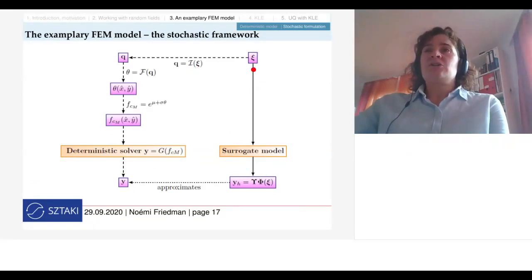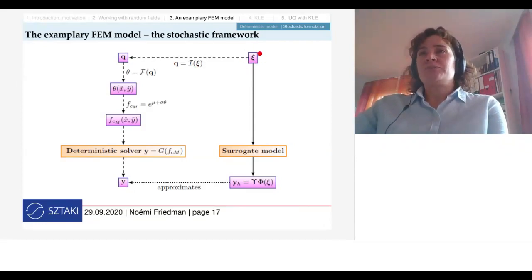Now I introduce this additional random variable because the description of this surrogate model uses its own coordinate system, and I don't want to change that. So this is something that I completely fix. This is a fixed number of random variables.